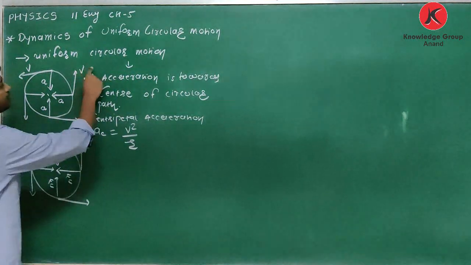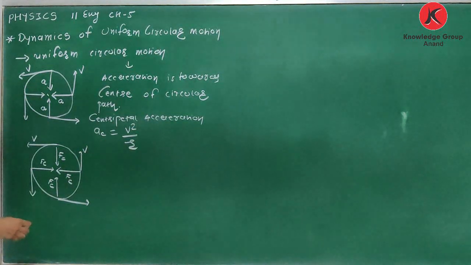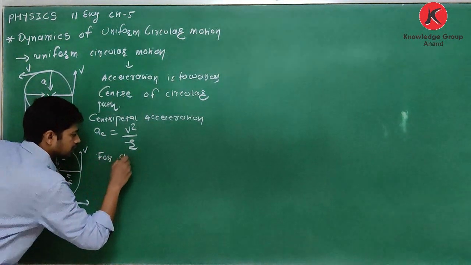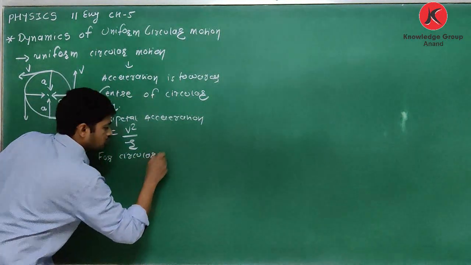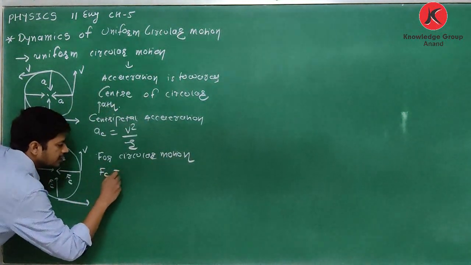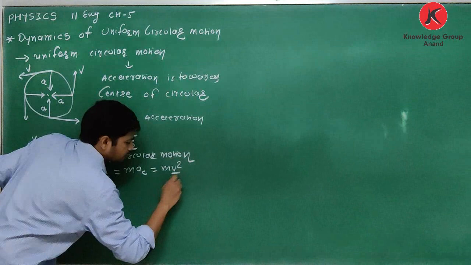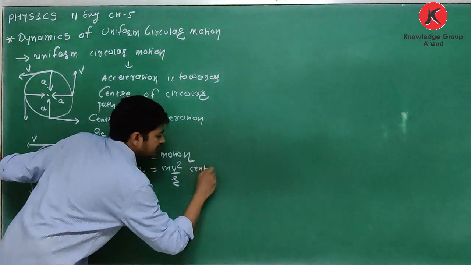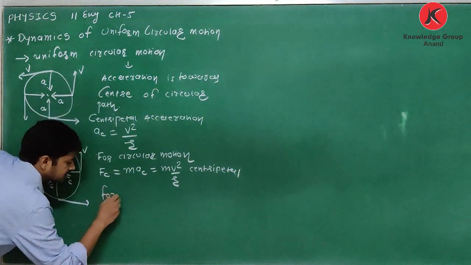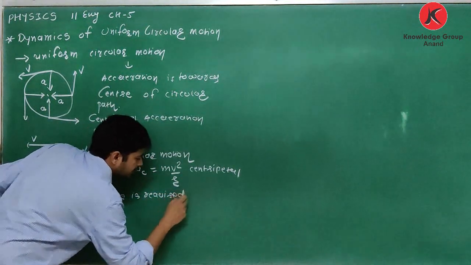So in uniform circular motion, the object is performing circular motion with this acceleration, and for uniform circular motion, F_c is equal to m a_c is equal to m v squared upon r. Centripetal force is required. Clear about this?